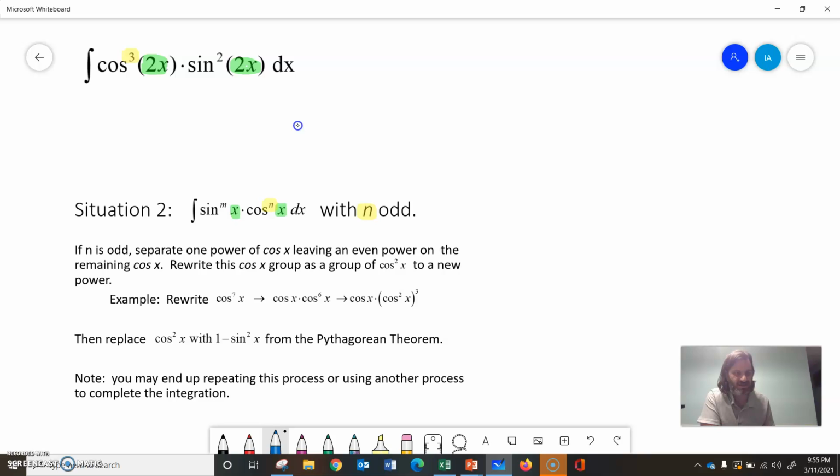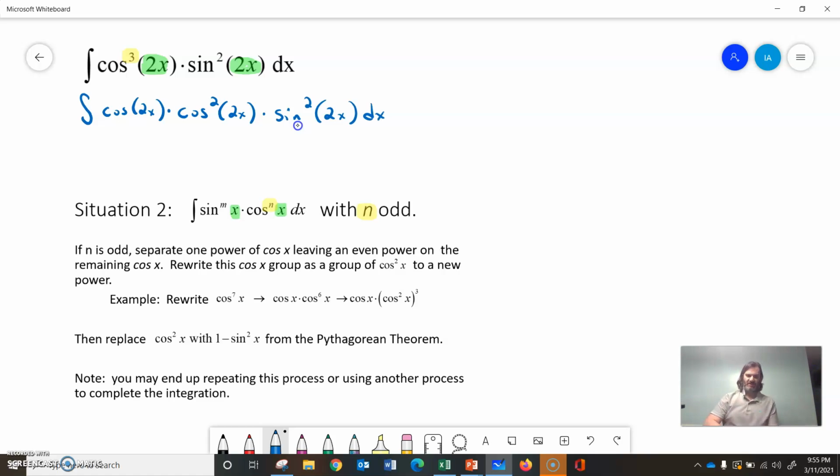We're going to rewrite it as the integral of cosine of 2x times cosine squared of 2x times sine squared of 2x dx. With that, we're going to take the fact that we've got cosine squared here. It's already a square, so if you wanted to show that we were doing a little bit extra here, you could show that that was to the first.